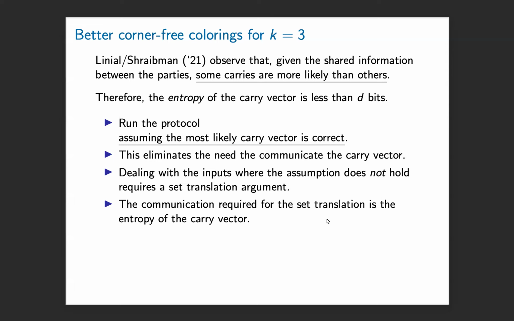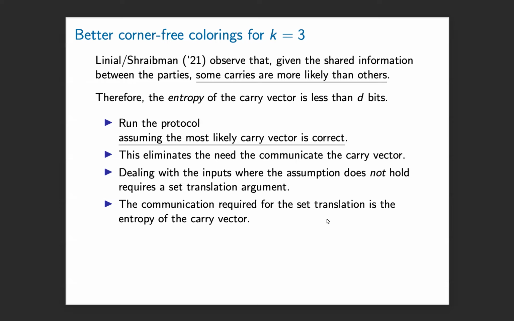We do this just by our probabilistic set translation argument, where we pick a random set of translations of our inputs, and with positive probability over the random choice, one of these translations will get us to an input where the most likely carry vector is correct.